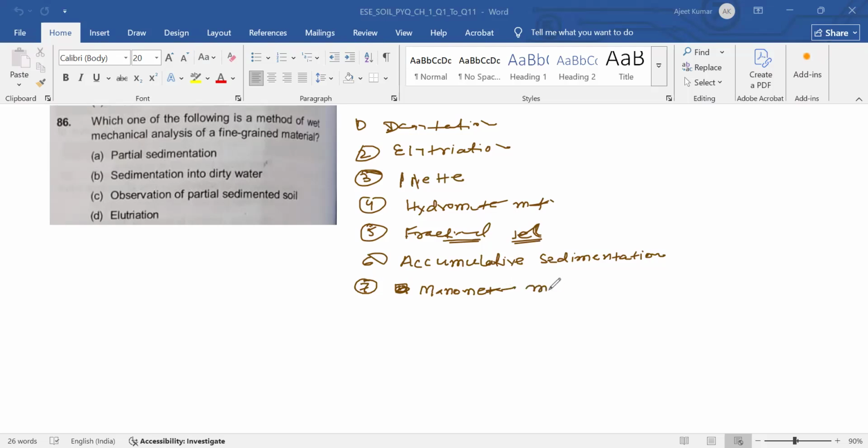Eighth is centrifugal method. Okay. These are the methods.